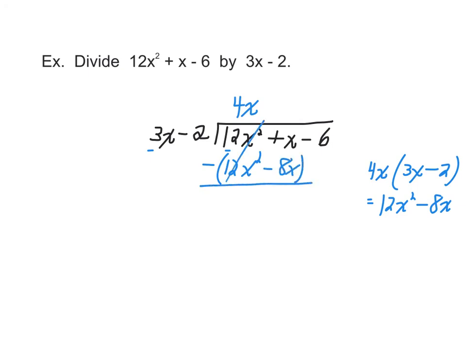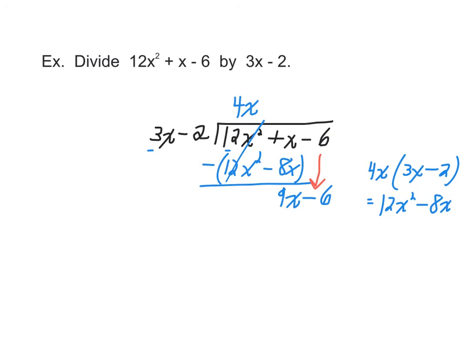Now the 12x squareds go away just like we wanted them to. But here I have 1x minus a negative 8x, or 1x plus 8x. That's 9x. Bring the negative 6 down. And think again.